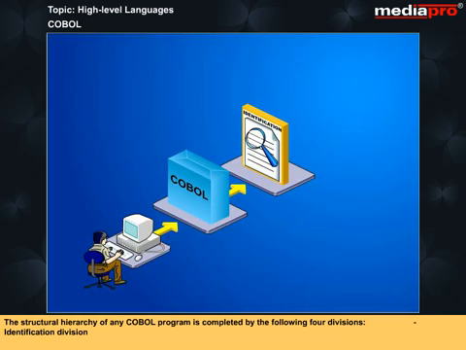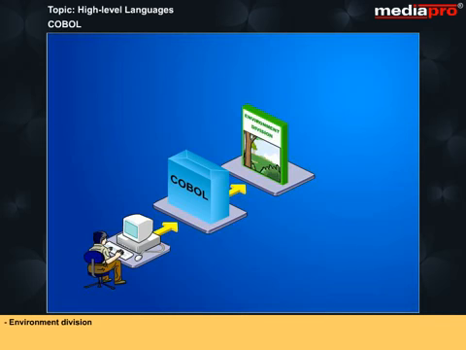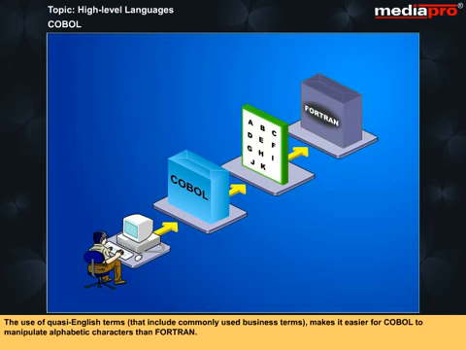The structural hierarchy of any COBOL program is completed by the following four divisions: Identification division, Environment division, Data division, and Procedure division. The use of plain English terms that include commonly used business terms makes it easier for COBOL to manipulate alphabetic characters than FORTRAN.